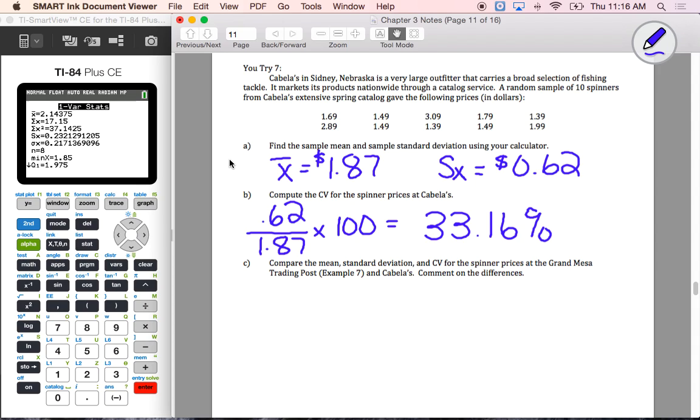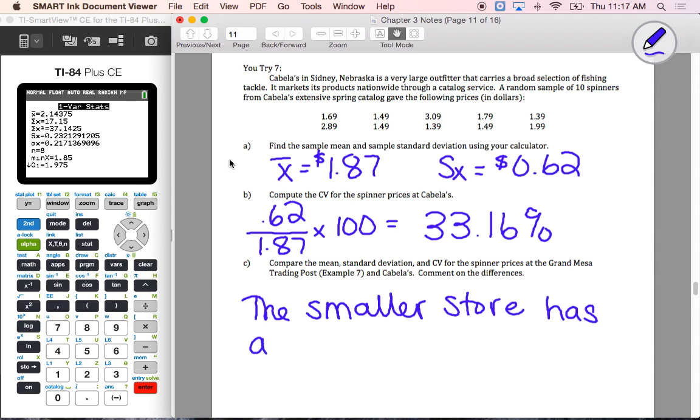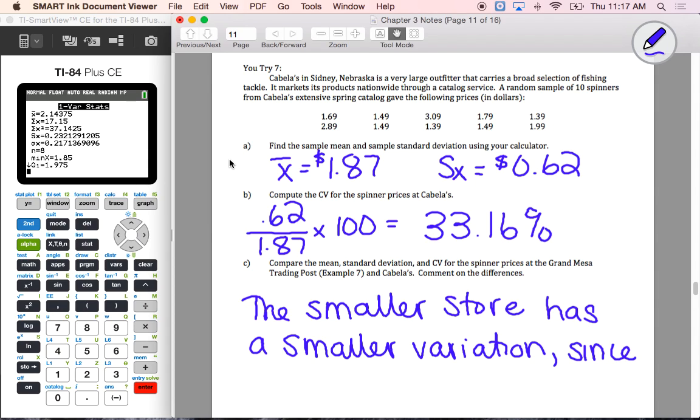So if I look at these values then, we would say the smaller store has a smaller variation since it has a smaller selection.